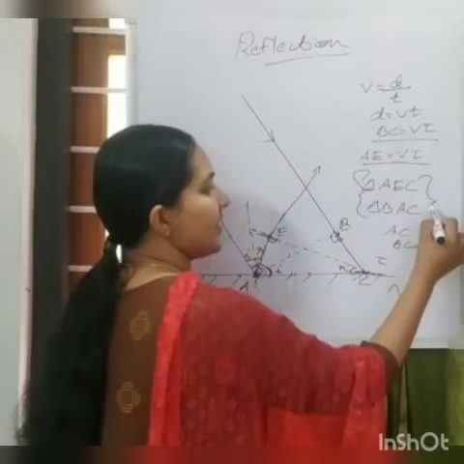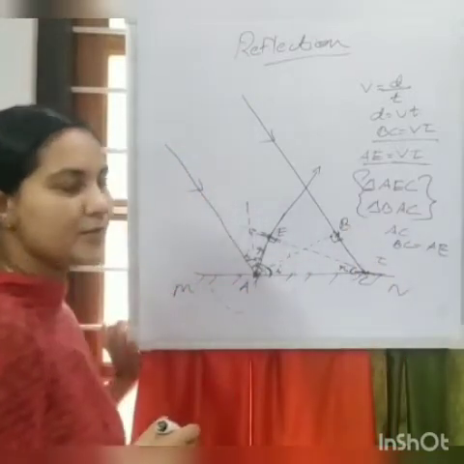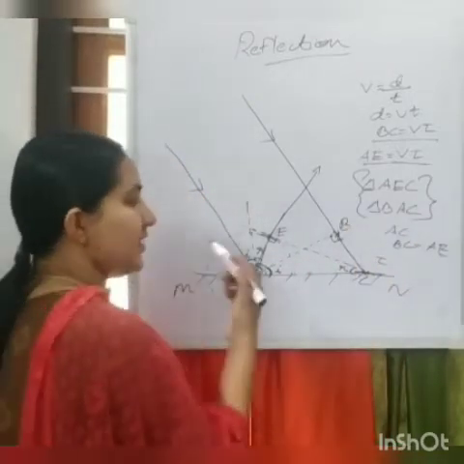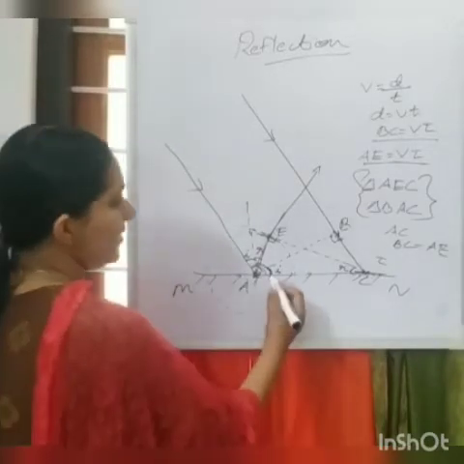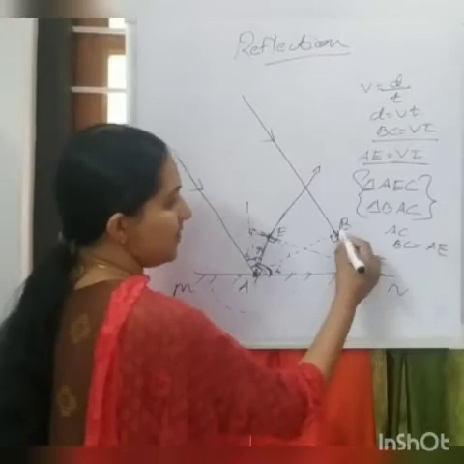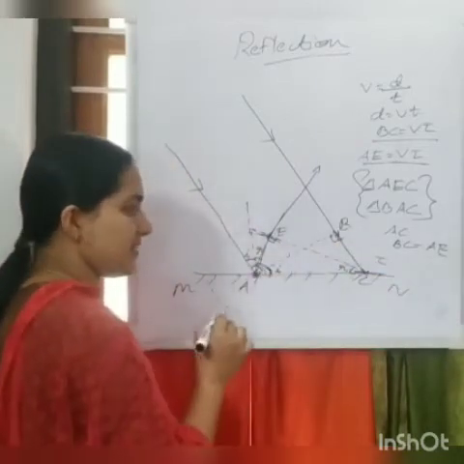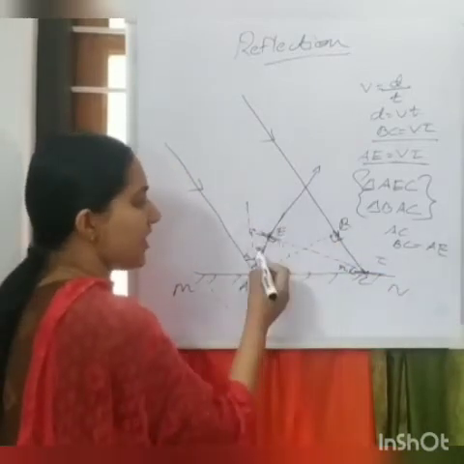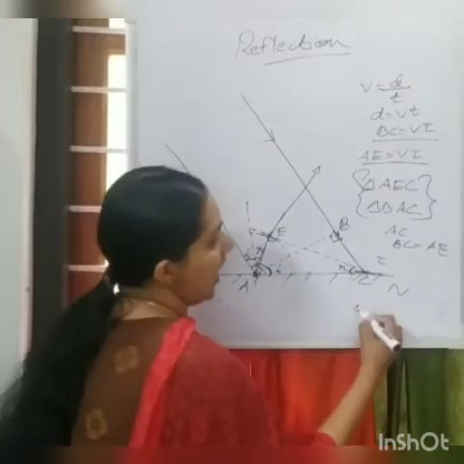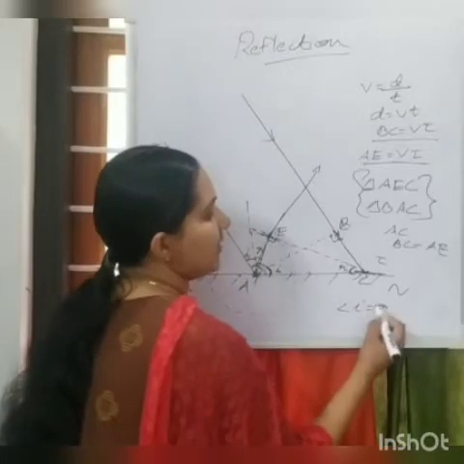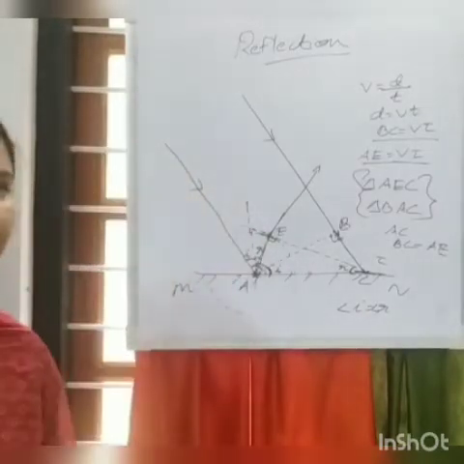So these triangles will be congruent. Okay. Which means all the angles will be the same. Okay. Here the corresponding angles opposite BC and AE are the same. So the opposite angle for AE is R, for BC is I. So I equal to R, angle I equal to angle R.